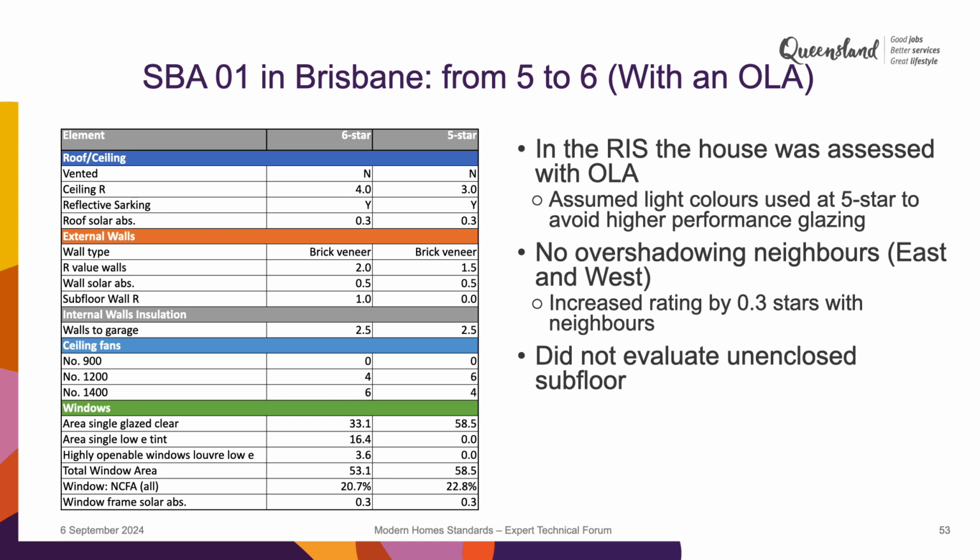But in the RIS, as I said, we looked at these archetypal houses. One was based on a tropo design. One was based on a sort of passive solar design, but elevated. We found that with those houses, not only could you have way more glazing because they were well oriented, but it was cheaper to comply than the volume houses.